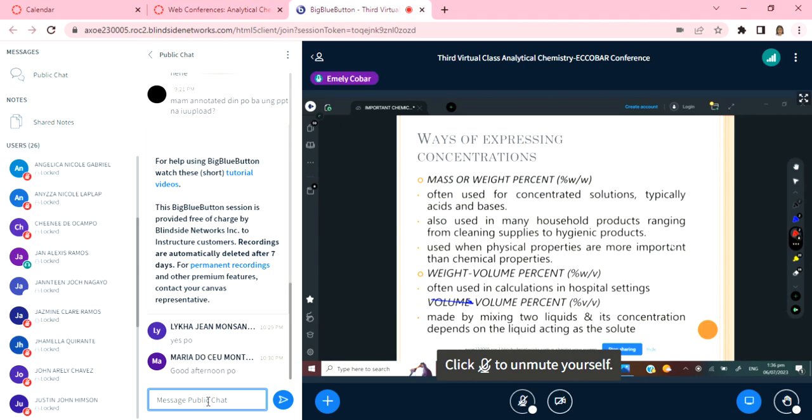Mass percent at saka density or specific gravity.